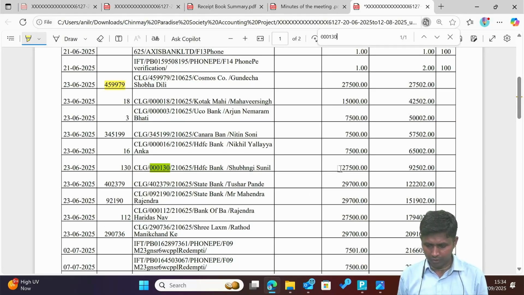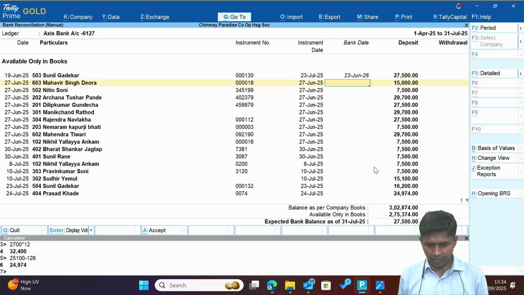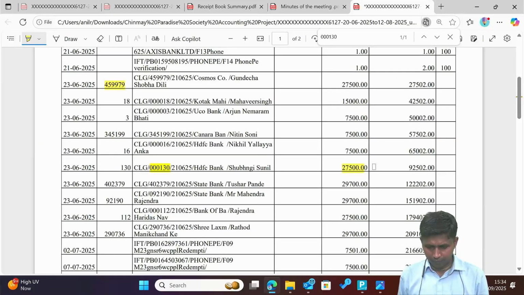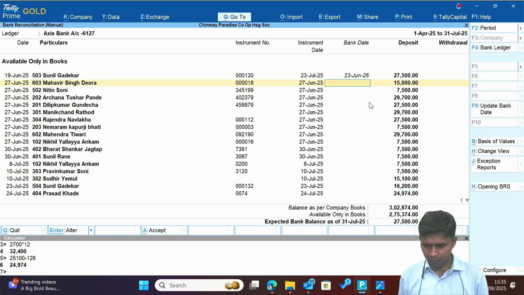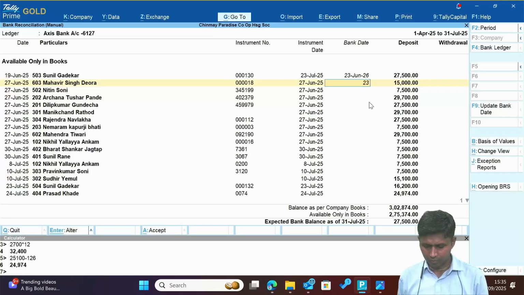Now this is 27,500, 23rd June. Then 18, this 15,000. Okay. Date of the transaction 23rd June.